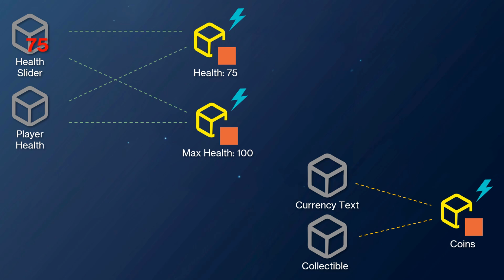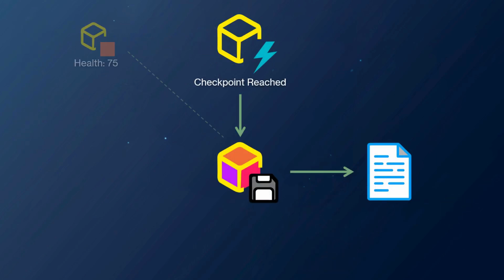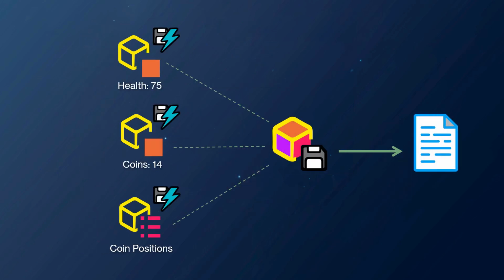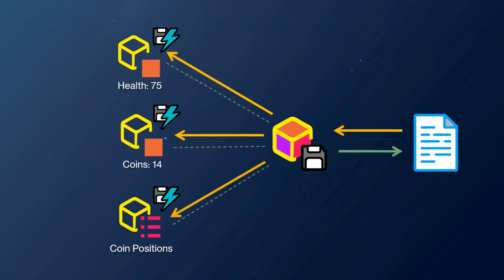In the third episode, we added a checkpoint system using observable game events, and we stored the positions of our collectibles in observable lists. Then we created a GOD save slot and used it to save our data to a JSON file. Now in this fourth episode, we used the save slot system again to load our saved data and restore the game state back to when the player reached a checkpoint. We did all this while keeping our objects decoupled and modular.